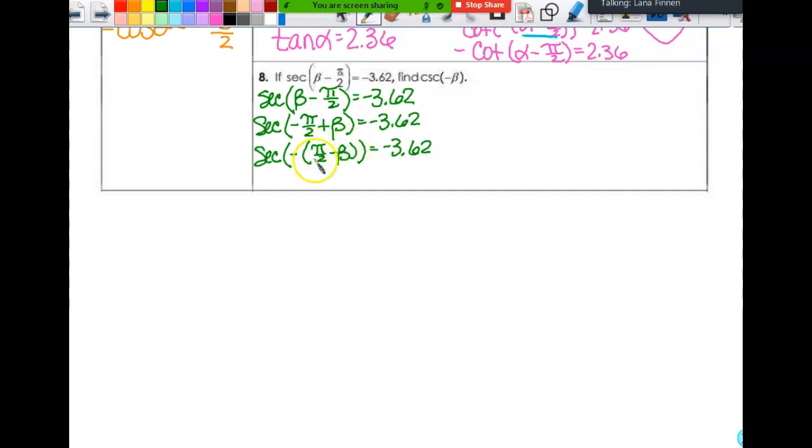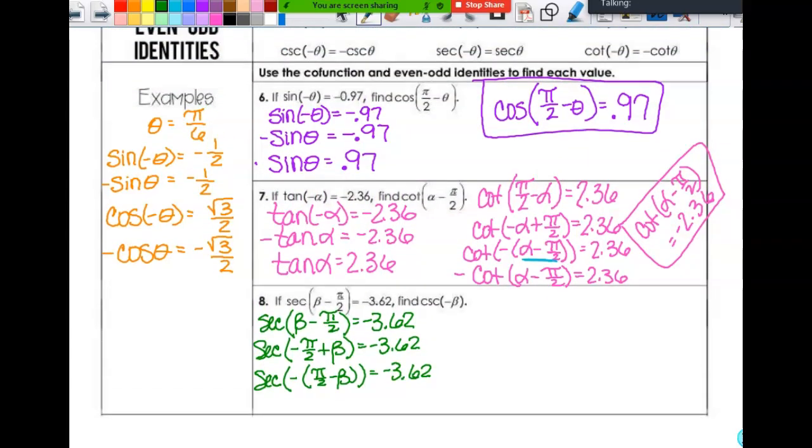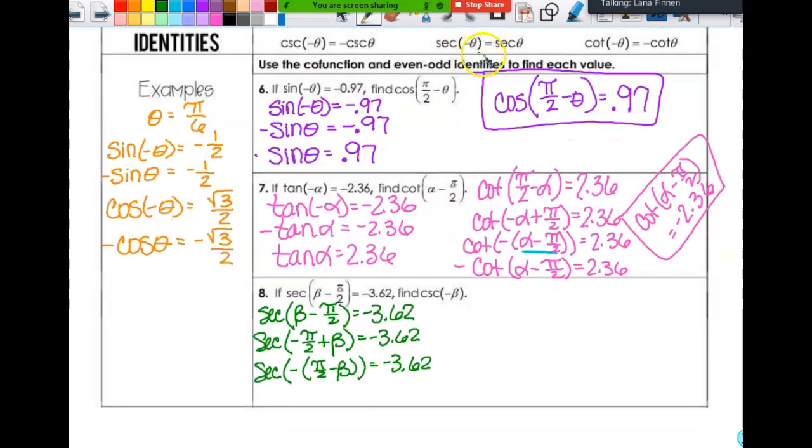So remember, this pi halves minus beta, this is just some angle measure. So this is like secant of negative theta. So when I look up here, secant of negative theta equals secant theta. So that means I just get secant of pi halves minus beta equals negative 3.62. Do you see how this one worked differently than this one? Because we're not factoring it out to the front because that doesn't make any sense.